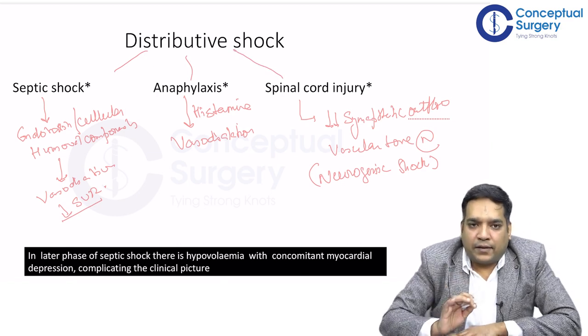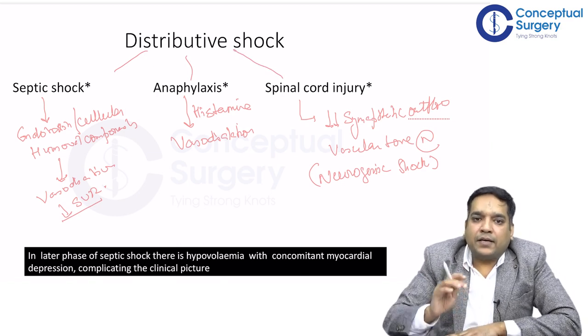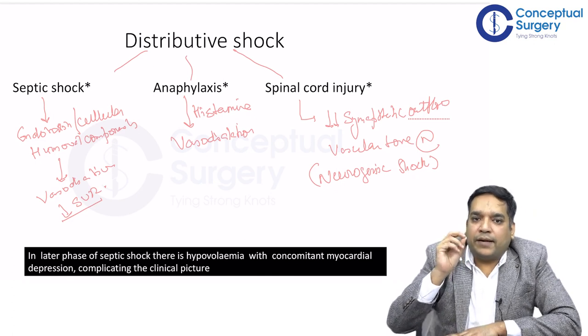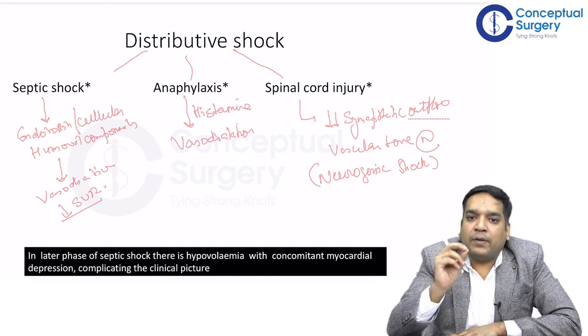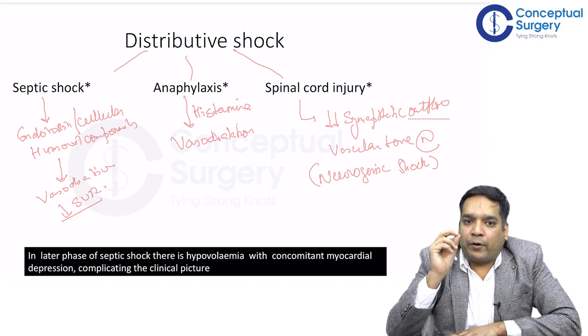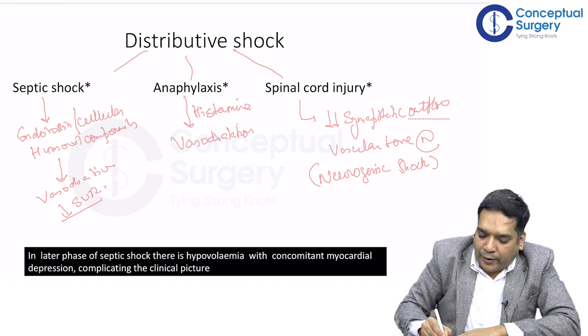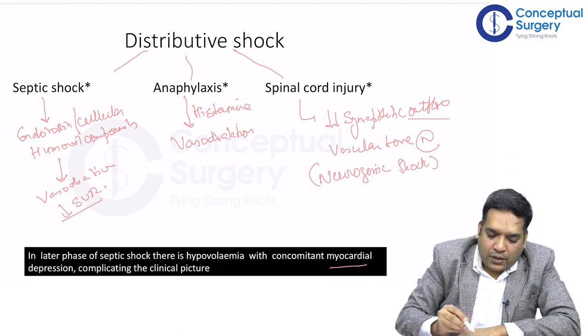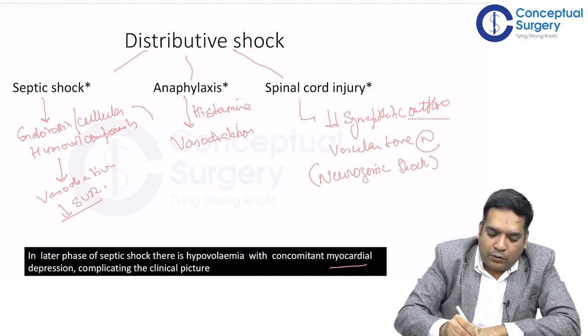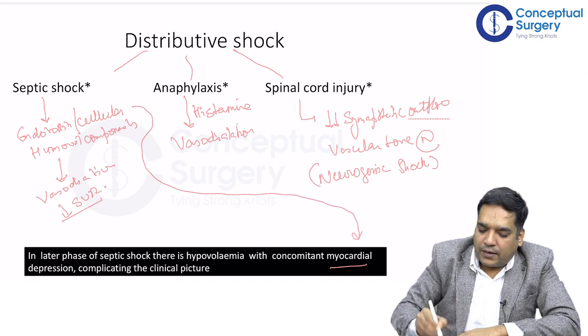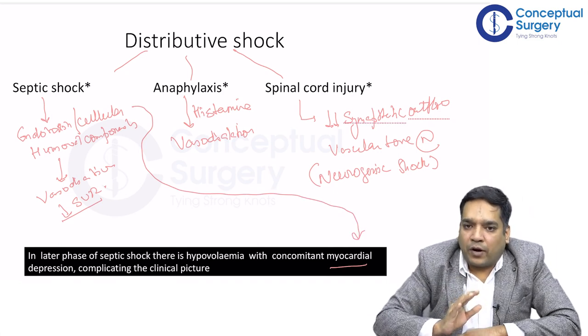It is important that initially septic shock behaves like a distributive shock, but in a later phase of septic shock, there will be hypovolemia with concomitant myocardial depression, complicating the clinical picture. So why is the myocardial depression happening? Because these toxins, cellular and humoral components, are directly depressing the myocardium.